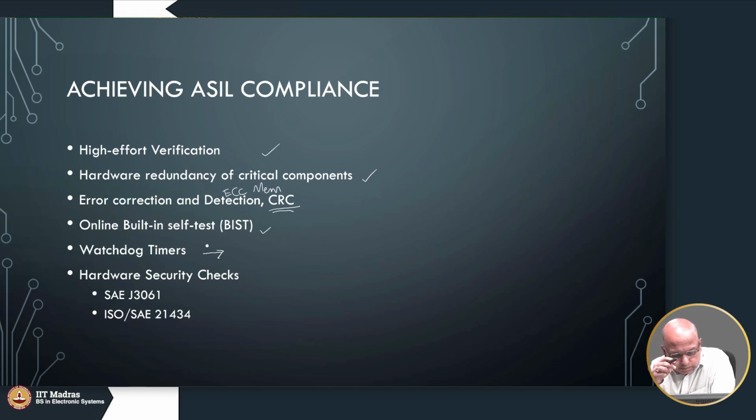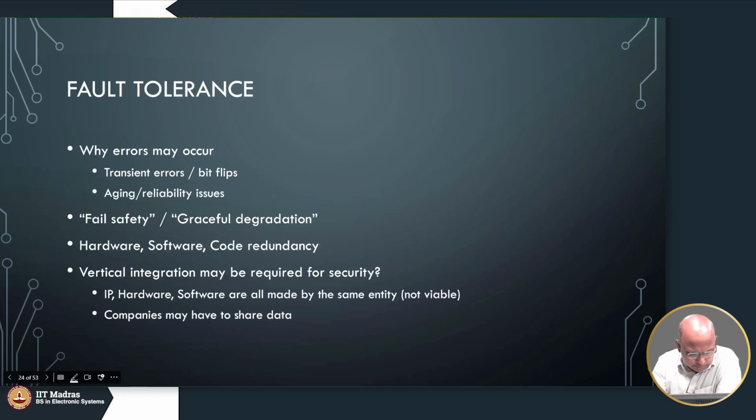Then you can also add what are called hardware security checks, and there are some standards for that. Then build fault tolerance. Errors could occur because of what are called transient errors.